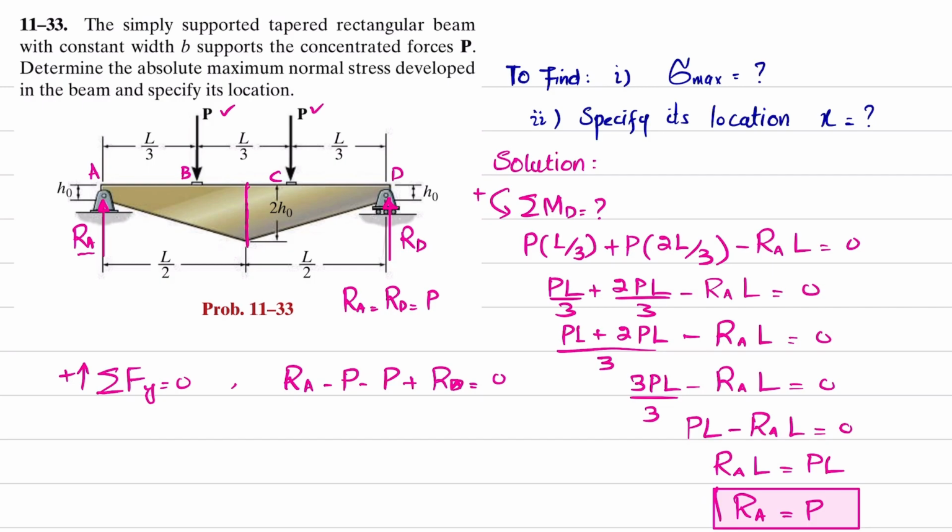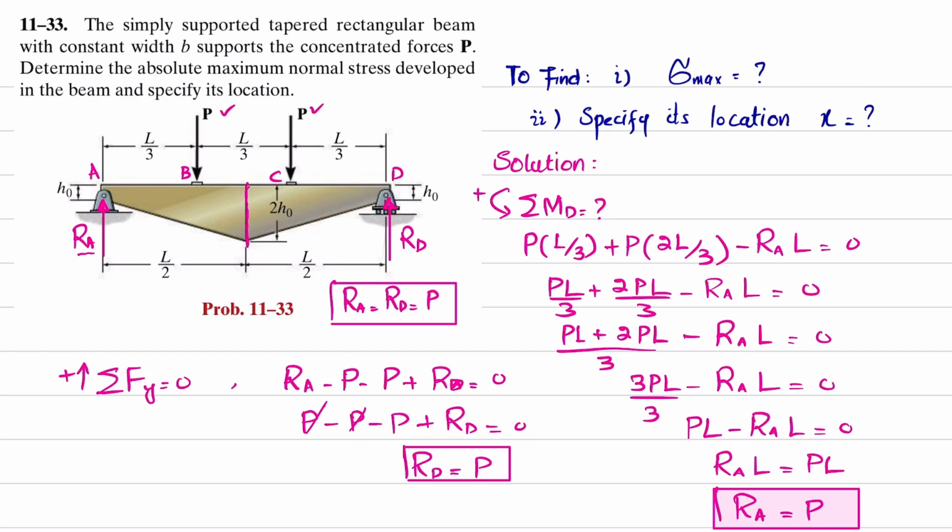RA is again P, so P minus P, these two cancel, plus RD is equal to 0. So from here you will have RD is equal to P as well. So we have calculated these reaction forces.